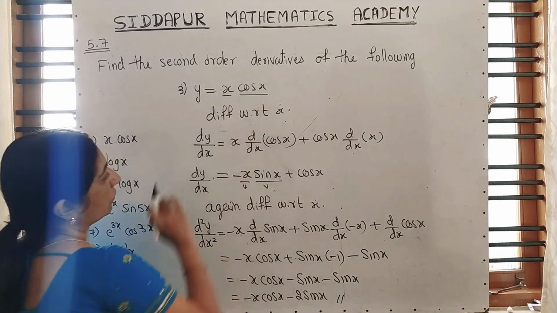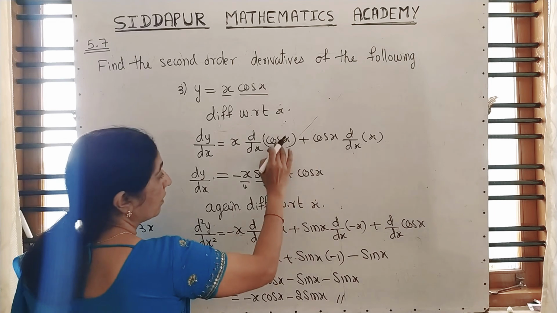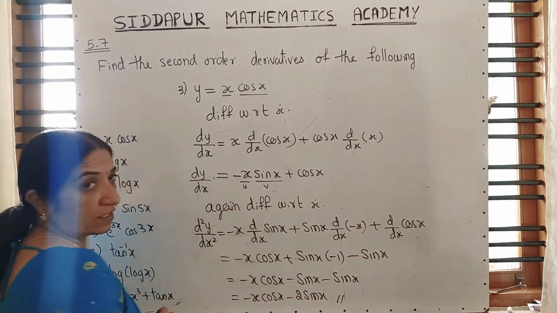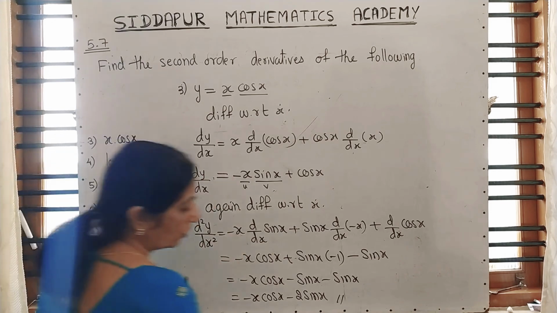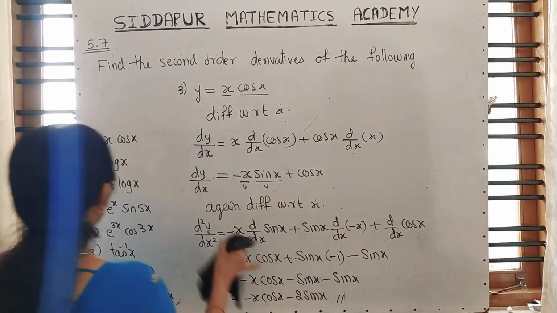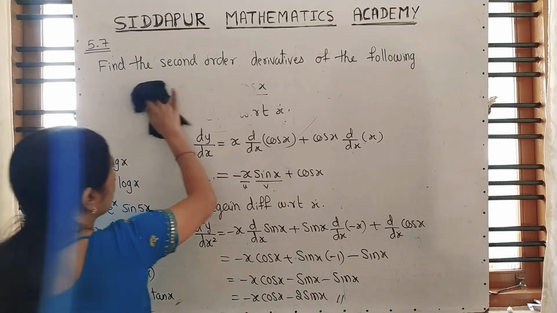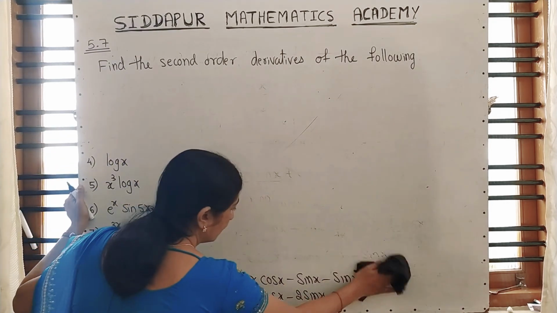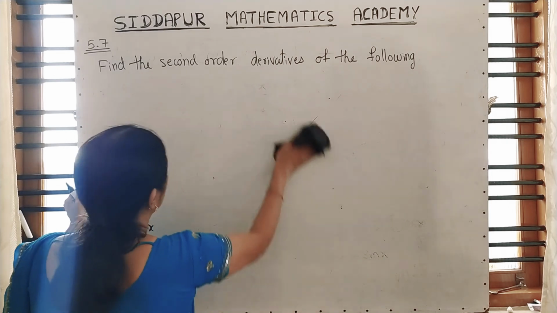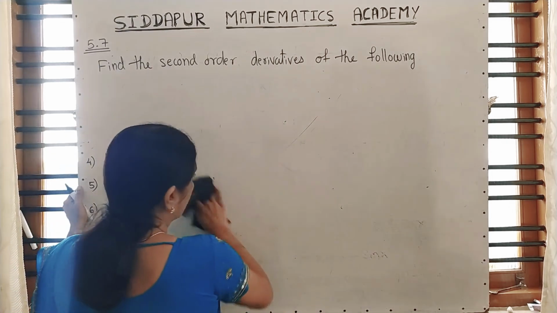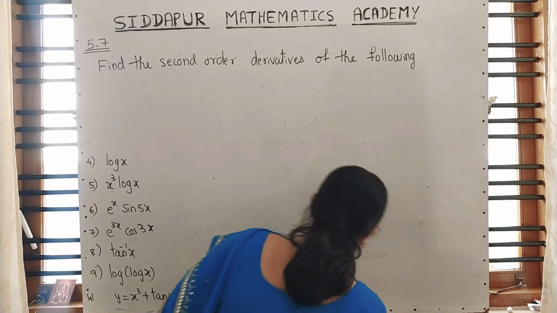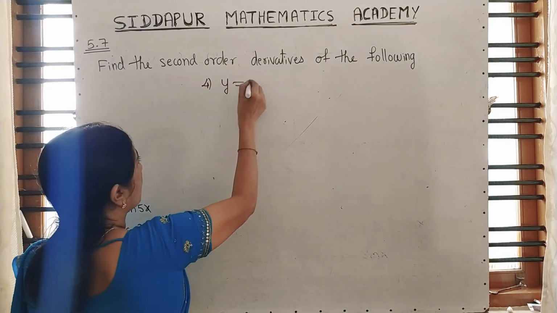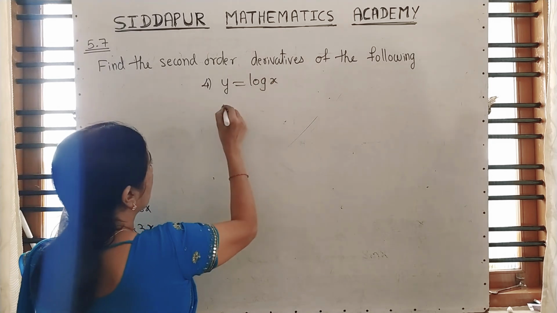See, x cos x. This is u into v. Cos x differentiation is minus sin x. Differentiation of x is 1. Like this we have to differentiate. Moving to the next question, that is the fourth one. y is equal to log x.